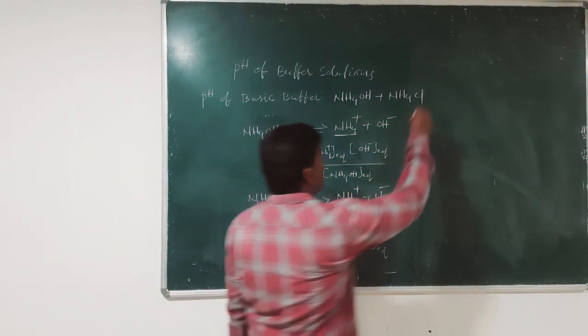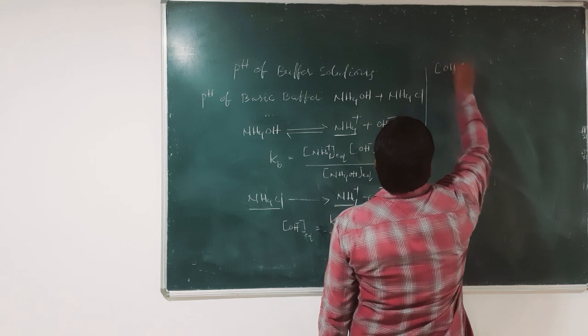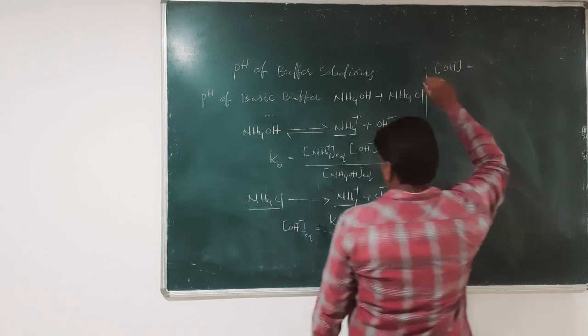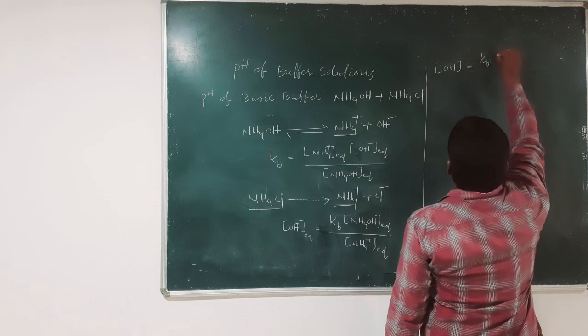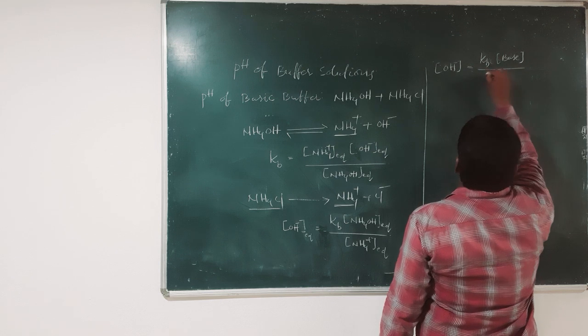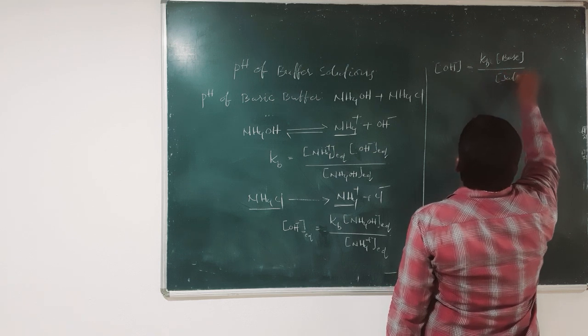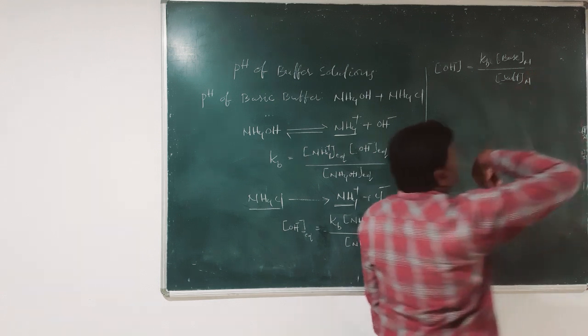So the concentration of OH minus ions is equal to Kb into the concentration of base by the concentration of salt. We should express this in normalities.